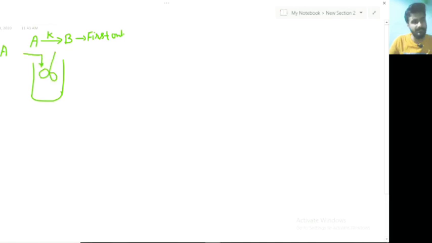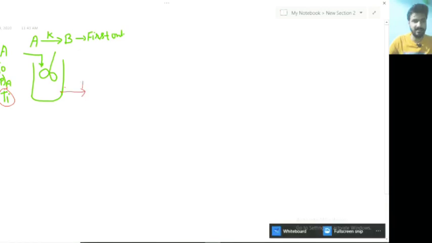Cp of A is the heat capacity of reactant A, and I am just assuming the inlet temperature of the reactant is Ti. If this is the inlet temperature of the reactant, there must be an outlet because this is a continuous stirred tank reactor, so material in and material out must be there. So the outlet temperature is T, I am taking.